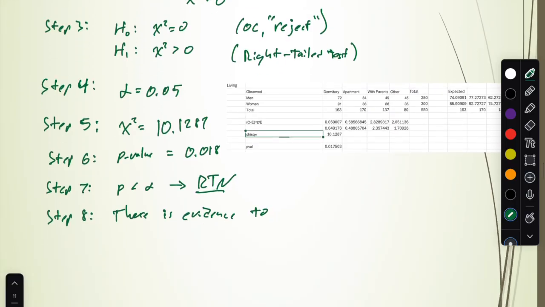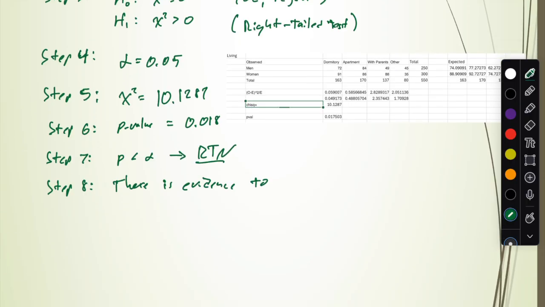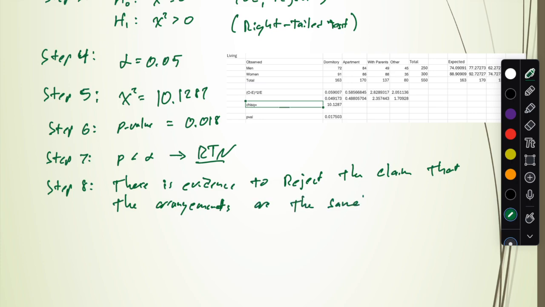Because the original claim was that they are the same. There is evidence to reject the claim that the arrangements are the same. Okay, and then I keep on forgetting to put in my evidence here.